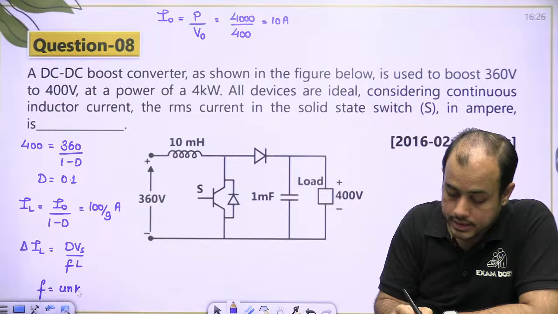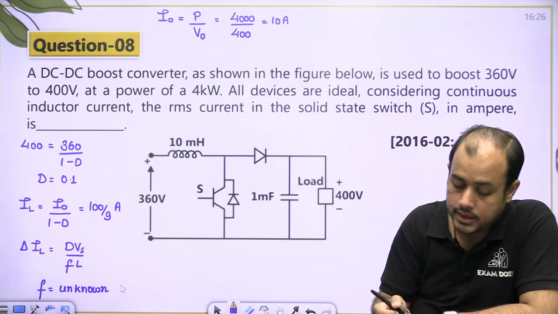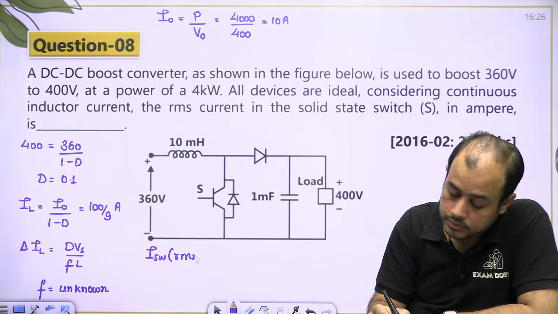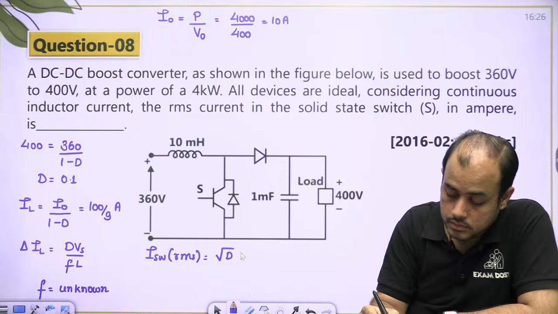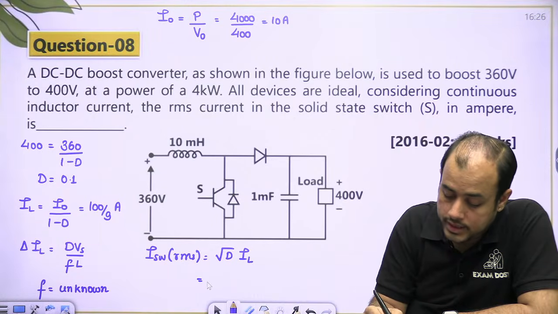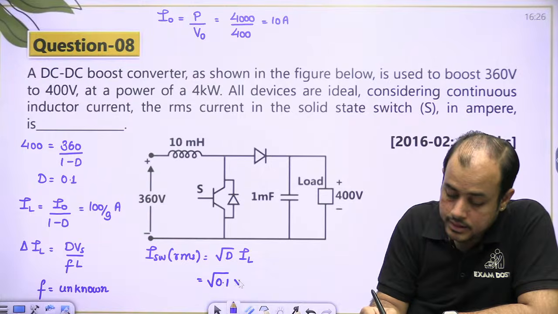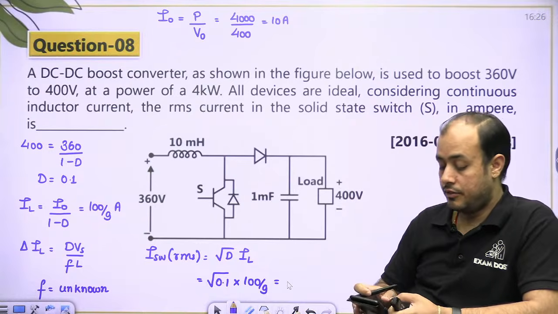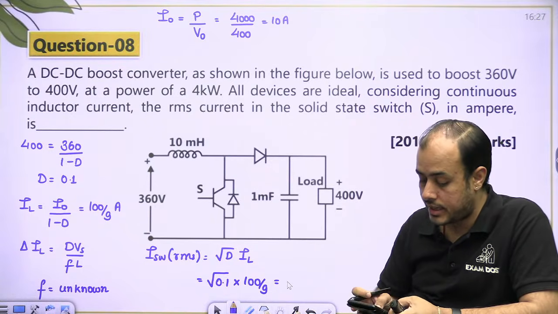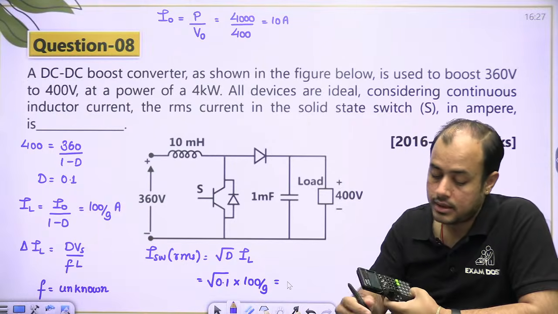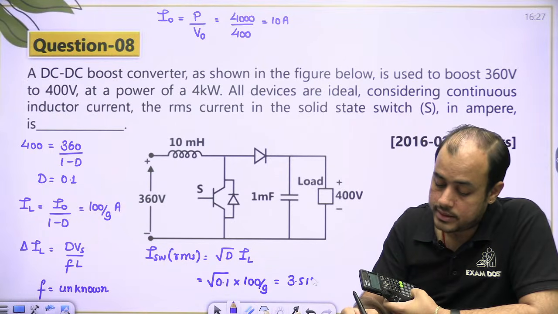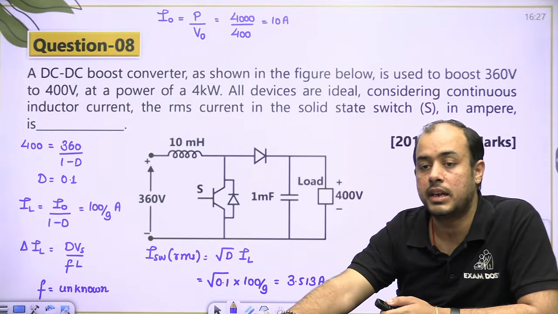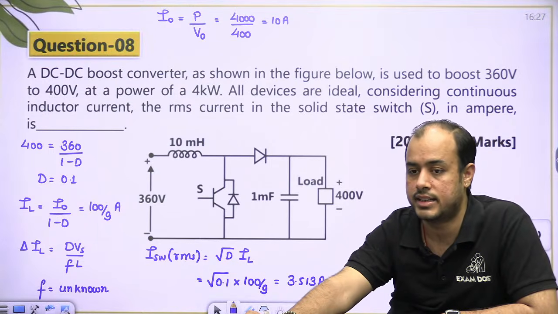So we will not take the ripple because frequency is unknown. So instead of computing ILRMS, I will directly use the value of average. Which means, beta, I am ignoring the ripple in the inductor current. Why? Because frequency is unknown. I cannot calculate the ripple. फ्रीक्वेंसी अननोन है, रिपल नहीं निकाला जा सकता, इसीलिए रिपल इग्नोर किया जा रहा है.